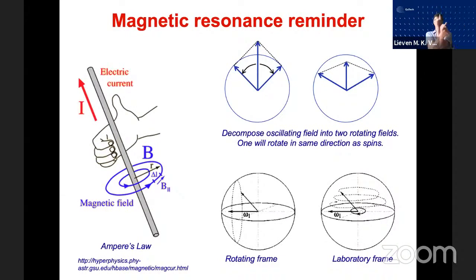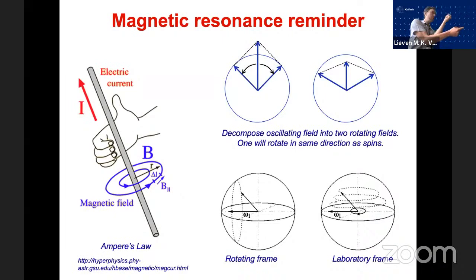Now imagine that you now apply a transverse magnetic field, perpendicular to the external field, and that rotates around at the same rate as the spin. Then for the spin, this rotating field actually looks static.